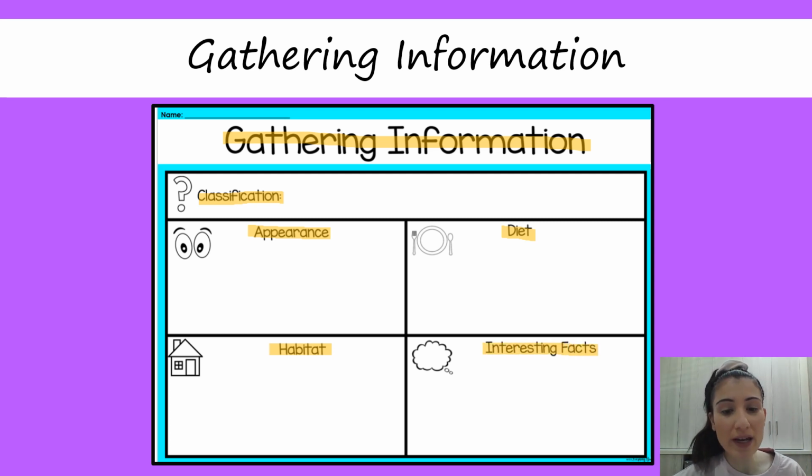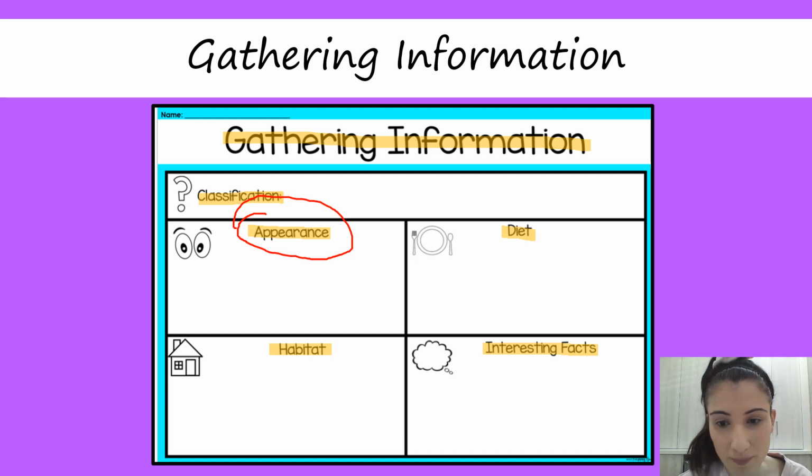Now, today we're going to be focusing on the lion's appearance, so what it looks like. But we're not going to be writing information about the appearance just yet. We're going to be doing a labelled illustration of the lion first.